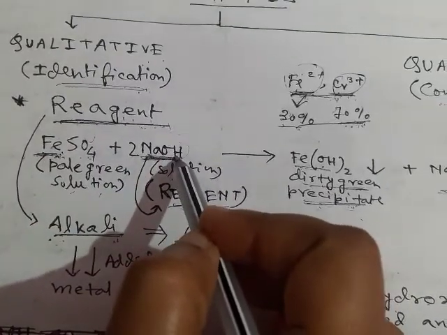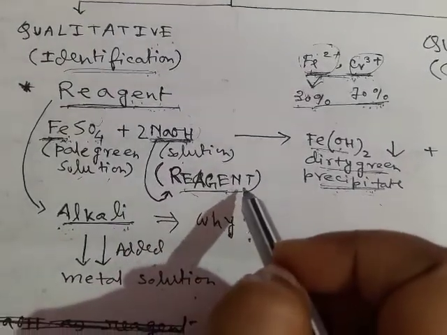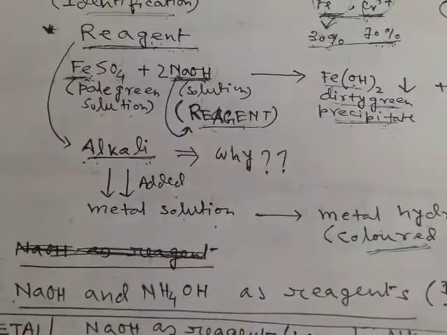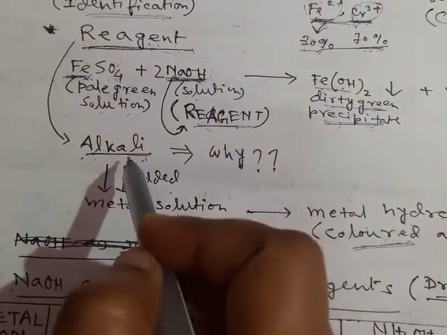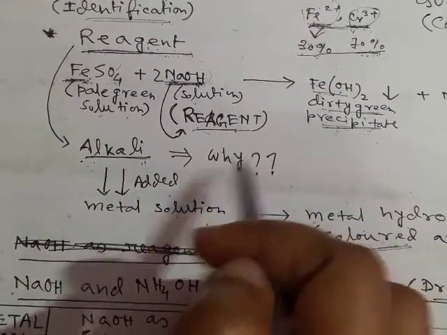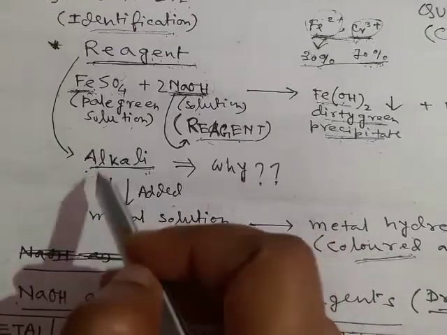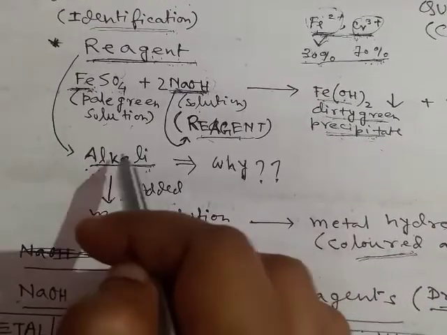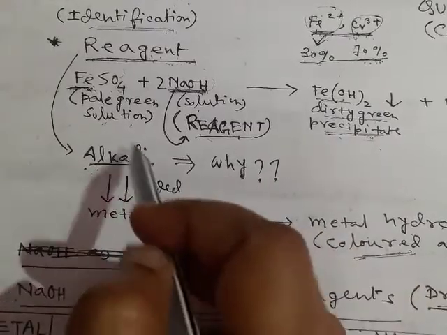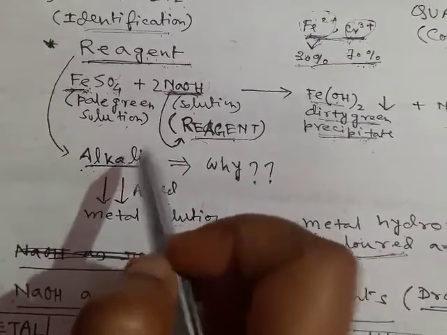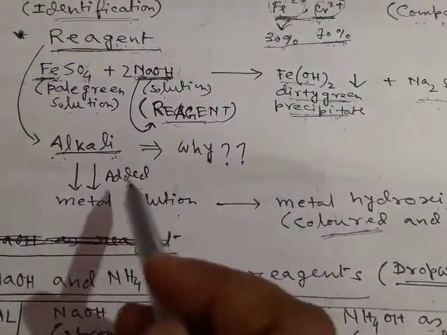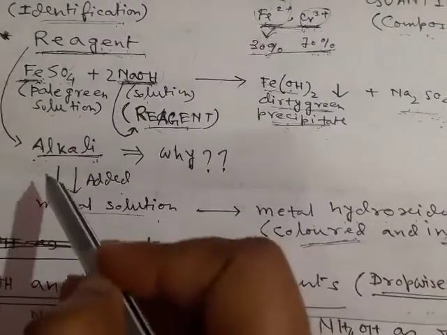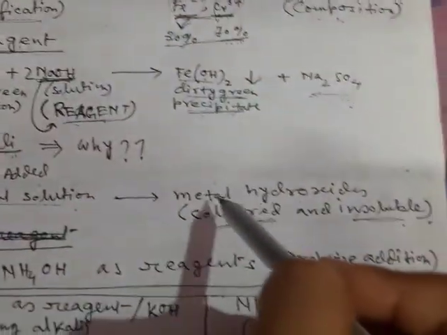So here sodium hydroxide acts as reagent. In most of the cases in chemical laboratory, alkali is used as reagent because alkalis are bases and contain hydroxide ions. So when alkali is added to the metal solution, in most of the cases it reacts with the metal and forms metal hydroxides, as alkali contains hydroxides.